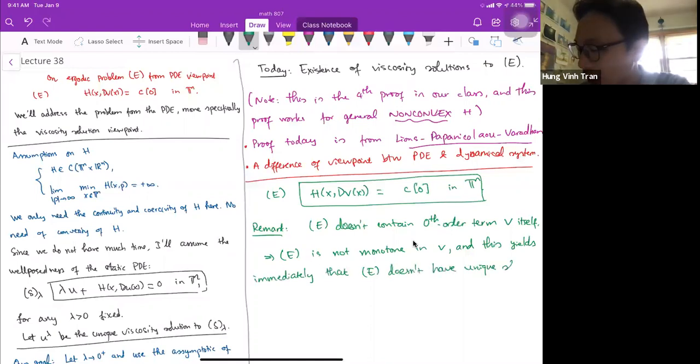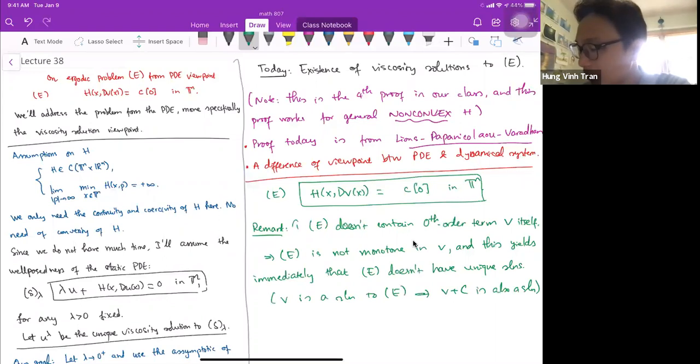Of course, we have already studied the Mather set, which is the uniqueness set of A. But for now, I'm just looking in a very naive way, the PDE way. The equation doesn't contain the zero order term, and it's not monotone in V. This is the general principle in PDE: if it's not containing the zero order term, then if V is a solution to E, immediately V plus C is also a solution.